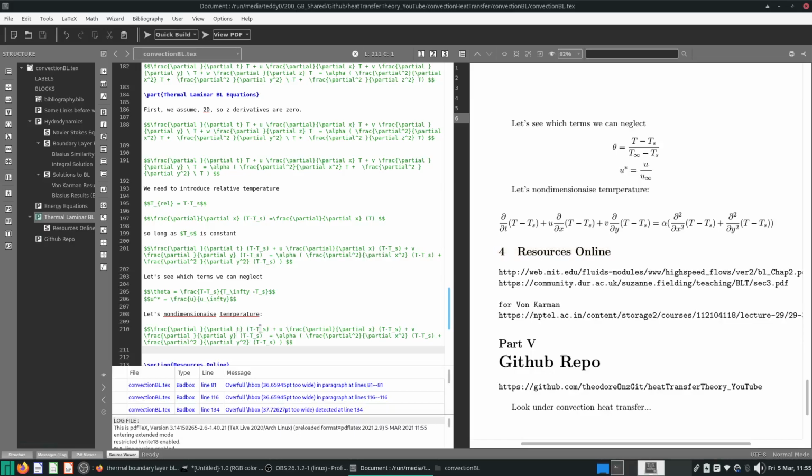We'll just do T infinity minus Ts and put theta in front. T infinity minus Ts, for the most part, we can assume is a constant. If you have a constant temperature plate, we can assume this is constant, though it's not always a constant temperature plate, and that's a different story altogether. Yeah, this is how we do it.